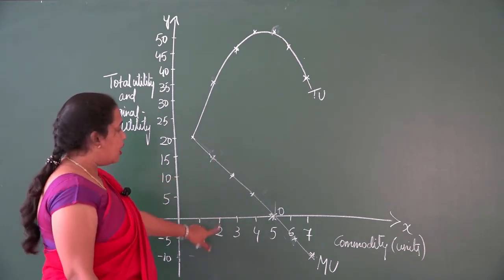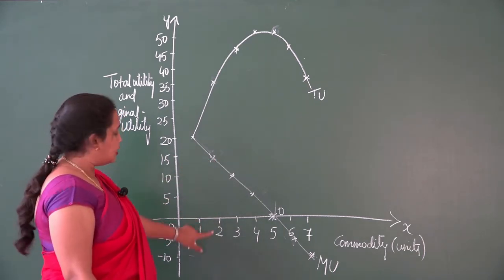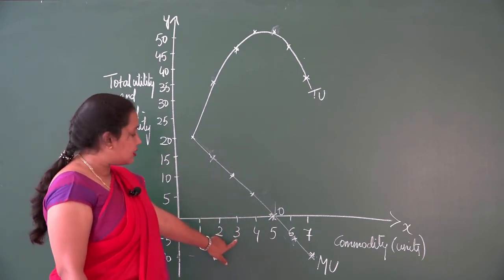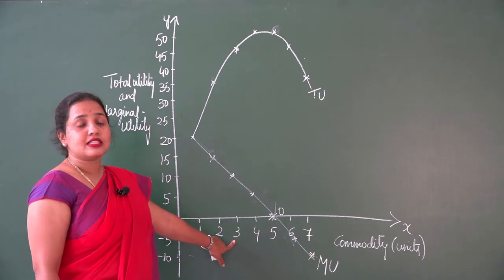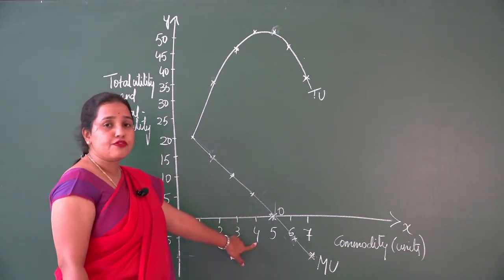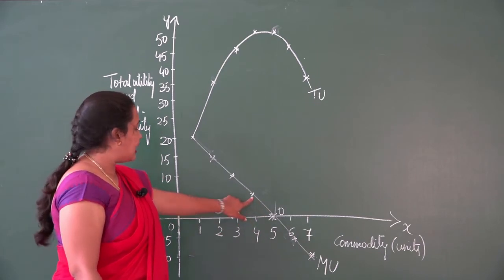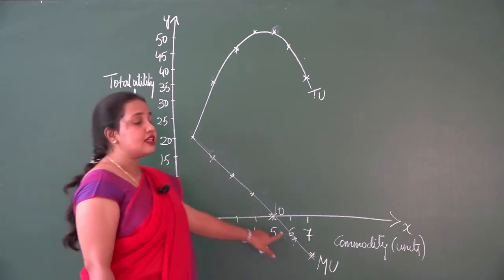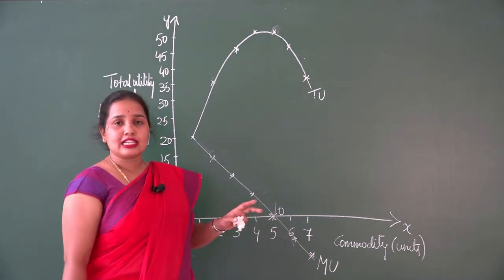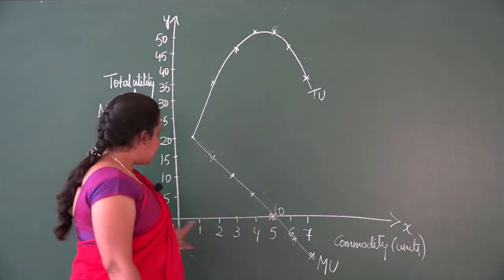Therefore, you need to mark a point parallel to 2 and 15. When the consumer consumes the third unit, he derives the satisfaction of 10, and when the consumer consumes the fourth unit, the utility derived is 5. When the consumer consumes the fifth unit, he derives no satisfaction, therefore it is 0.